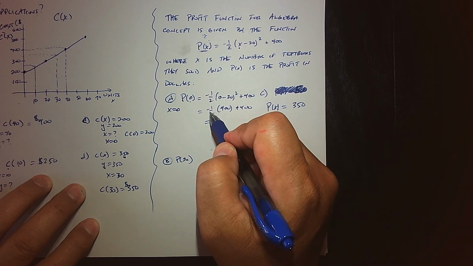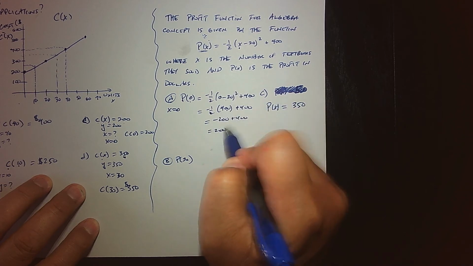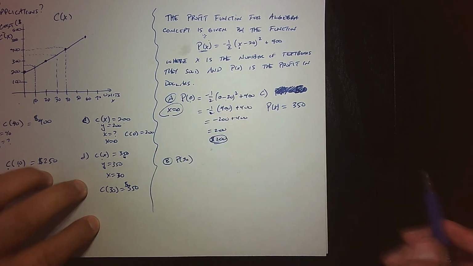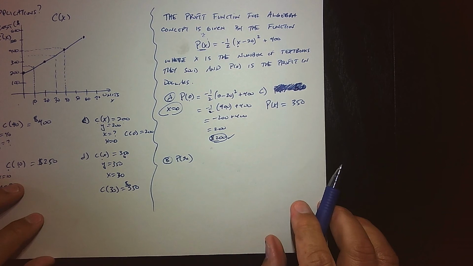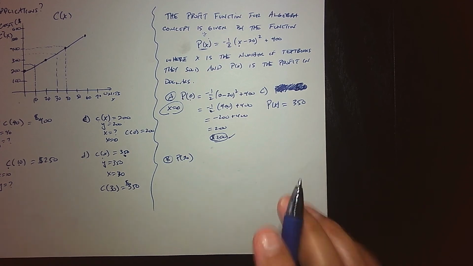Right? -1/2 of 400 is -200. And so they're going to earn a profit of $200. So if there's no textbooks, they're actually earning a profit. So maybe they have some advertising things they're getting money for, or whatever the case might be. But 0 textbooks creates a profit of $200 according to this model.